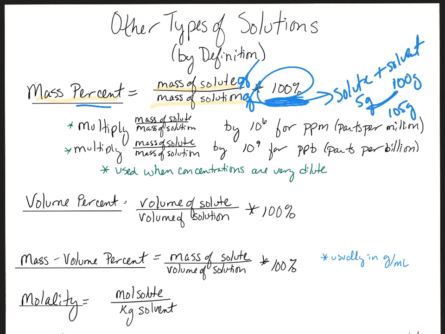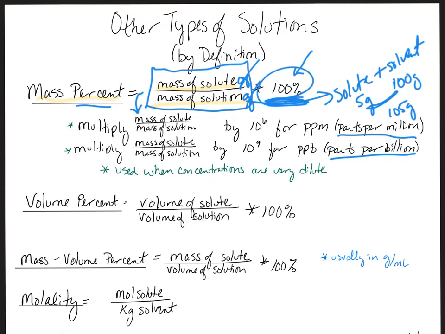Now, mass percent is useful because instead of taking this times 100%, we can also use this basic definition of mass of solute divided by mass of solution and also talk about how many parts per million or parts per billion you can have in a solution. This is usually used when you have teeny tiny amounts of solute in a given volume of solution.